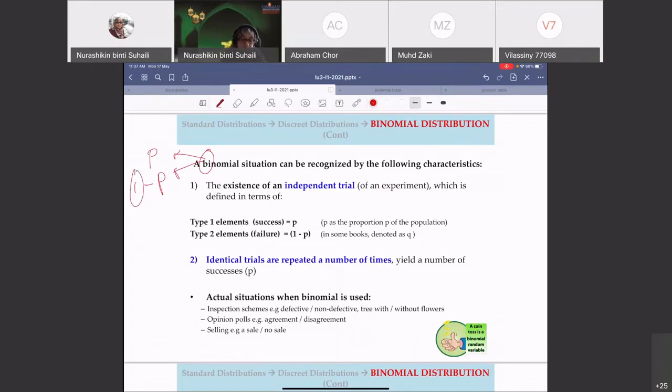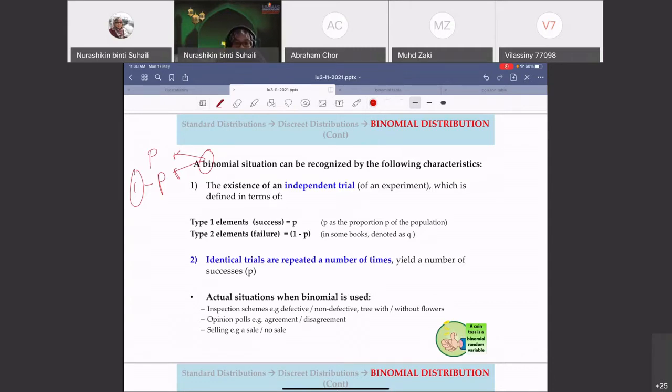Why 1 is because the total probability is 100%. So let's say you have 50-50, 50% success. Of course, the other one should be 100 minus 50, isn't it? Because the total percentage is 100%. So 100 minus 50, or if you want to convert it into decimal points, 1 minus P, because P is 50.